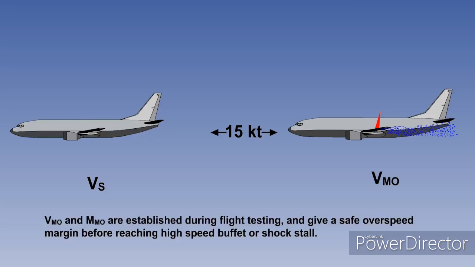High speeds are operationally necessary, and designers are constantly trying to find ways of increasing maximum speeds without incurring any undesirable flight characteristics. The limits mentioned just now, VMO and MMO, are investigated and established during certification flight testing of new types.